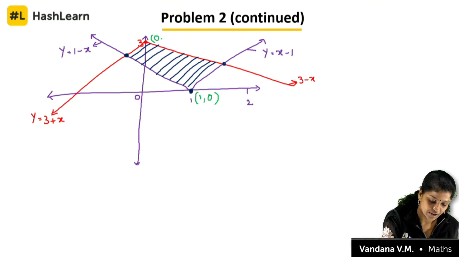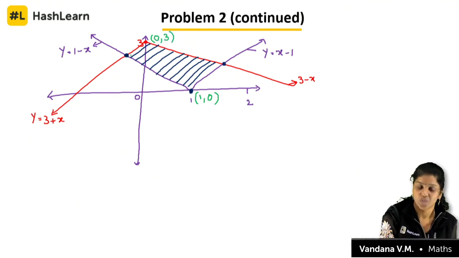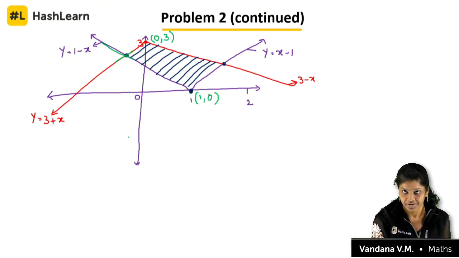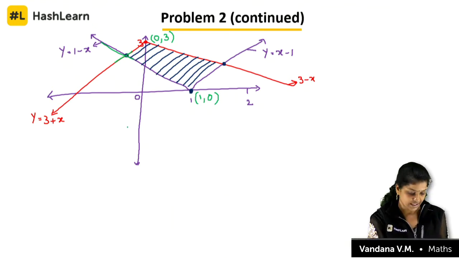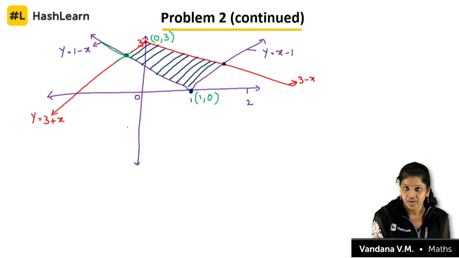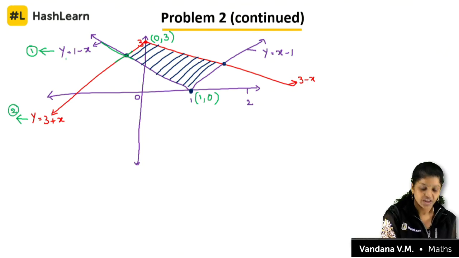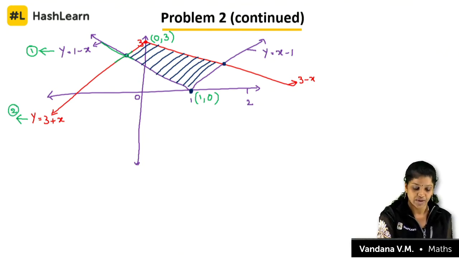This point is 0, 3. What is this point, where this line and this line intersect? How do we find the intersecting point? If I solve equation number 1 and equation number 2, you will get this point. So, let me solve.